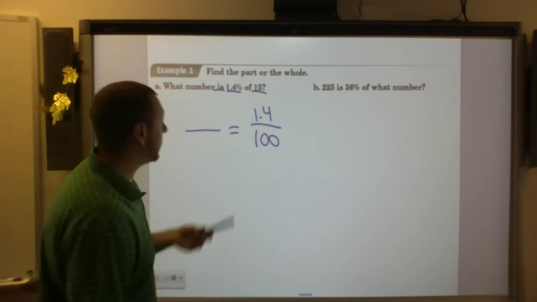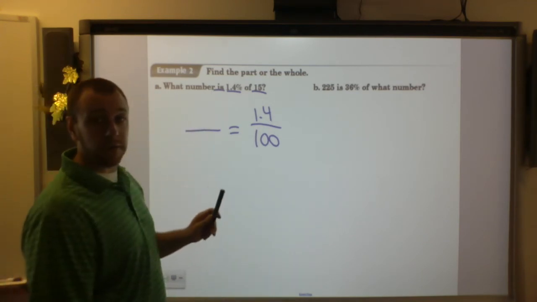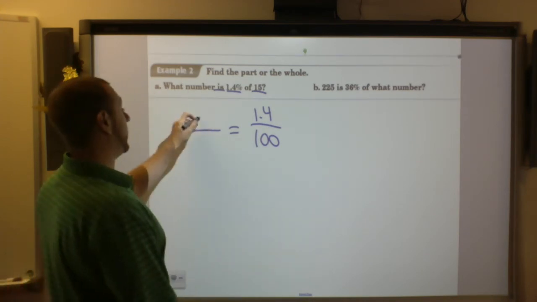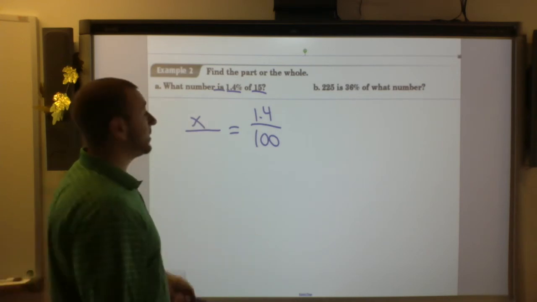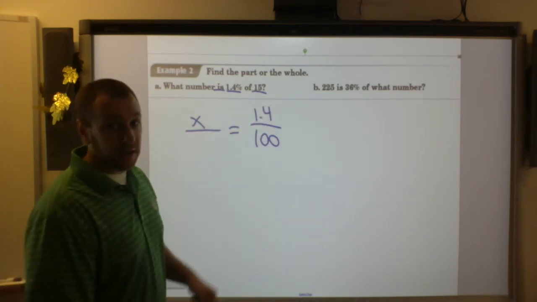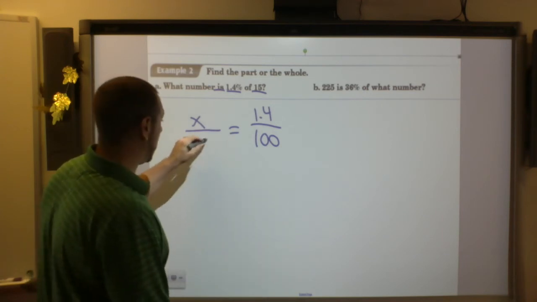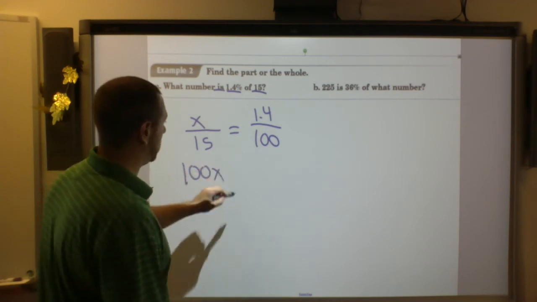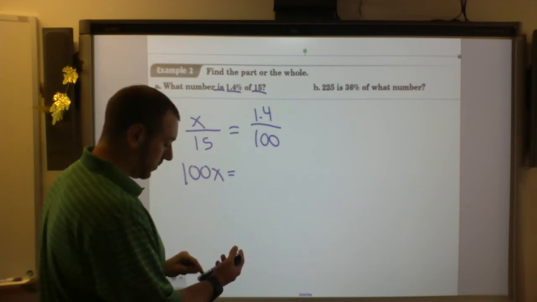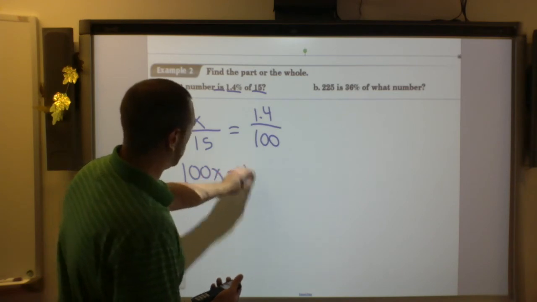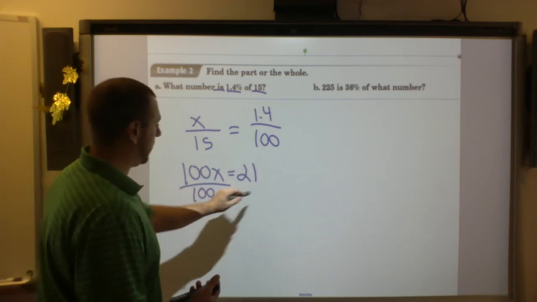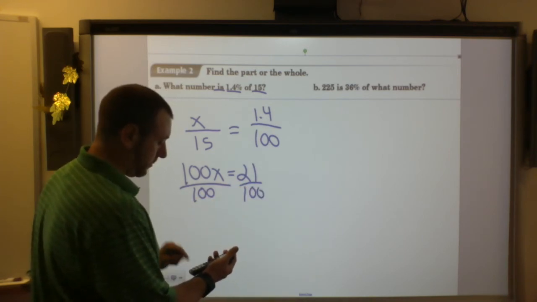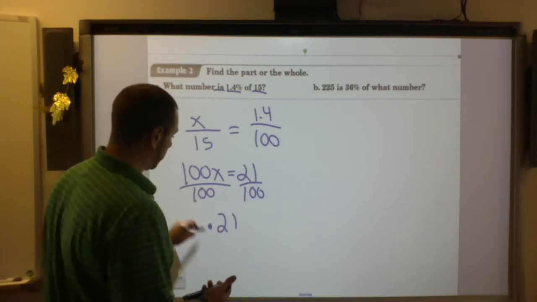Well, we do that by saying is over of. What number is? Well, that's my question, so that's my variable. Or I can think of it as of 15. If it says of 15, that's my of. Now I can cross multiply. 100x equals 15 times 1.4, 21. I divide by 100. And I get 0.21.